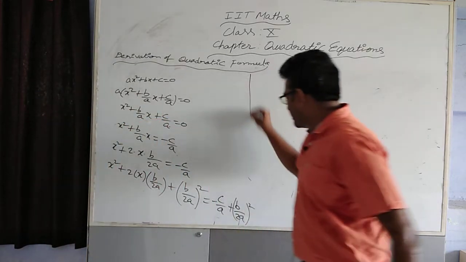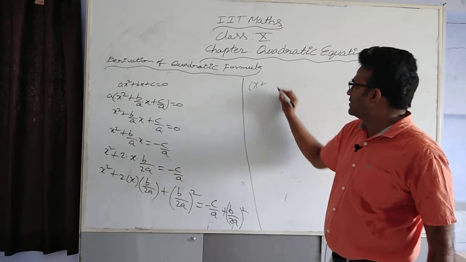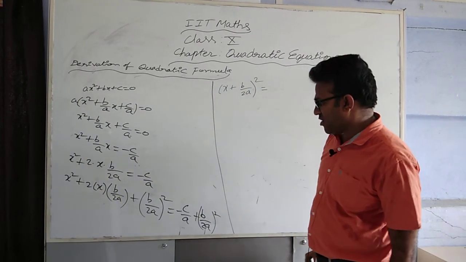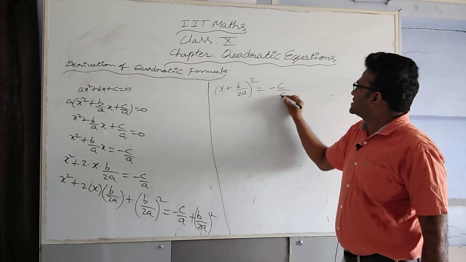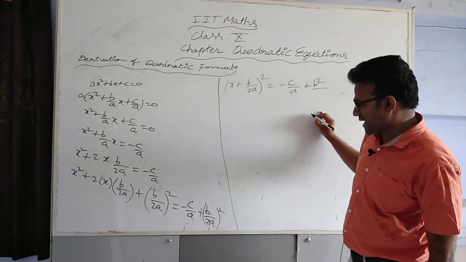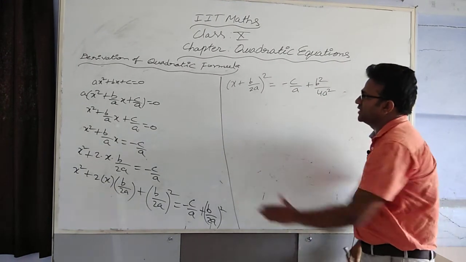So finally I am going to get x plus b by 2a whole square is equal to minus c by a plus b square by 4a square, applying the square here.